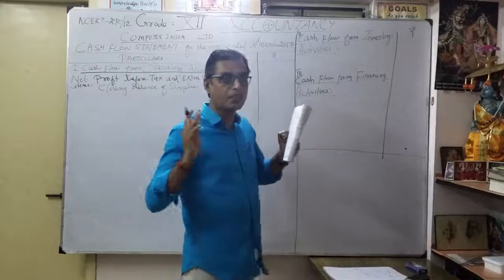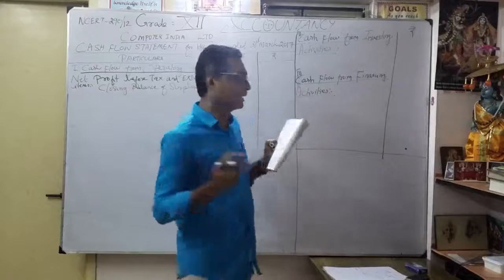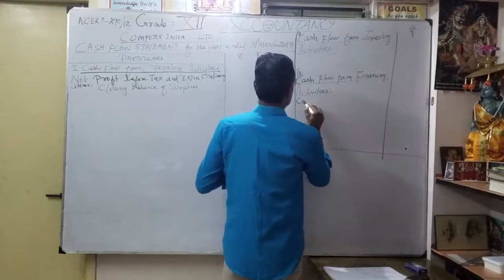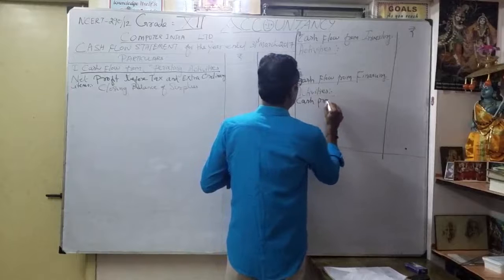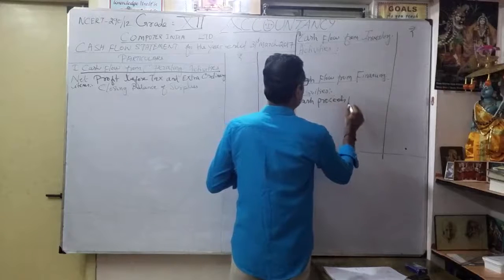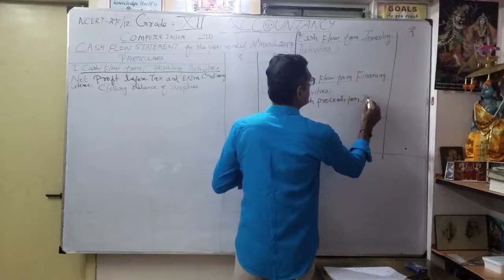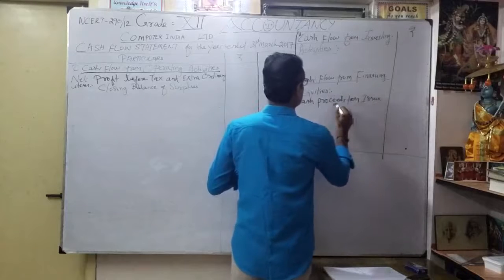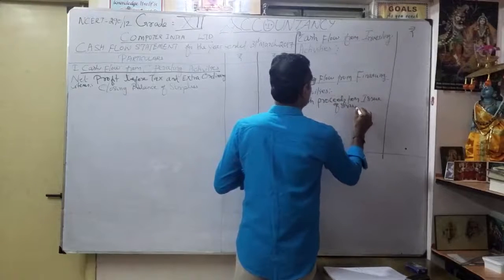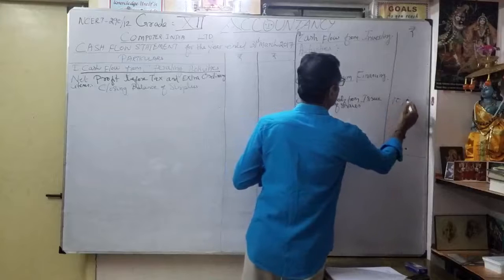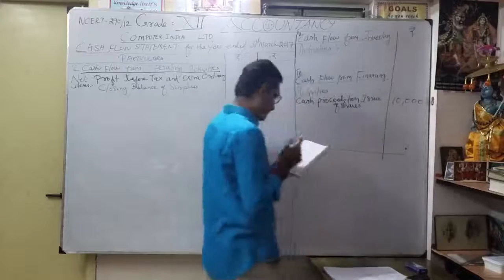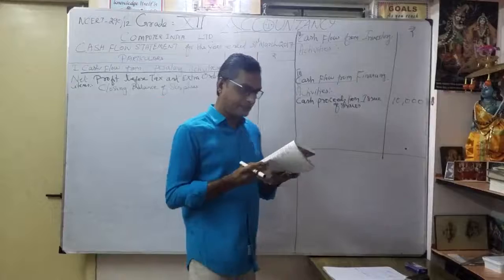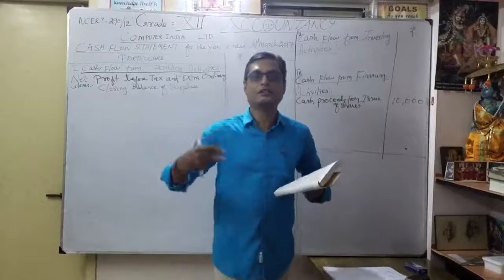We got finance through issue of shares. How to write? Cash proceeds from issue of shares, 10,000. So you have finished the first one, share capital. Always start from share capital.